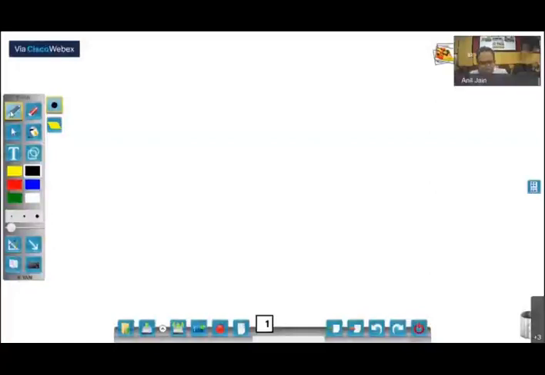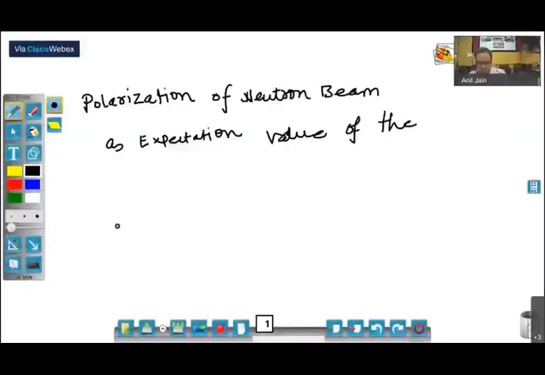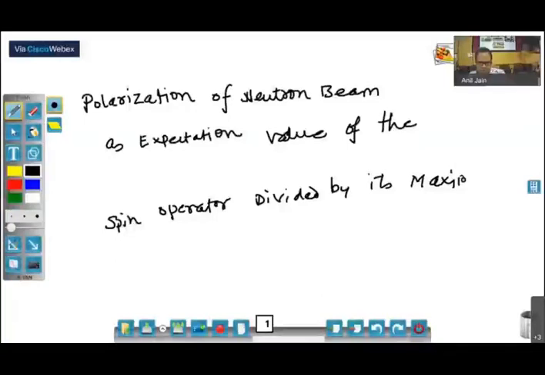We define the polarization of the neutron beam as the expectation value of the spin operator divided by its maximum value. So this is how we define this polarization of this neutron beam.